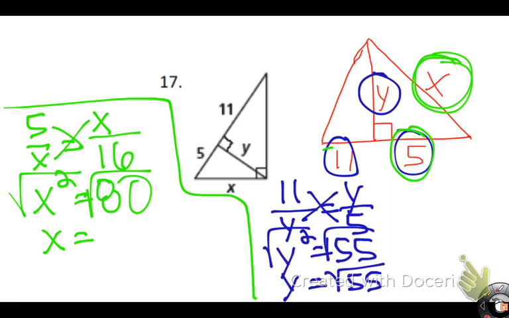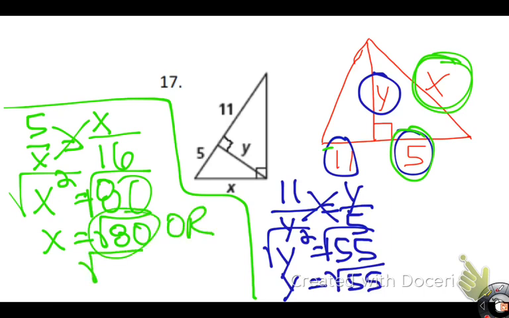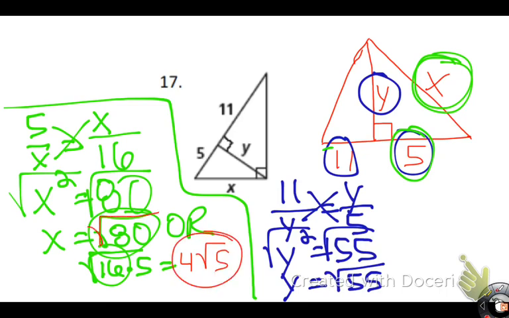So x equals the square root of 80, which is okay for our purposes, or we can simplify. So we could pull out the perfect squares. So that would be 16 times 5. So that means you could take the square root of 16, which would be 4. So that's also 4 square root of 5. So either of those would be fine on the celebration.